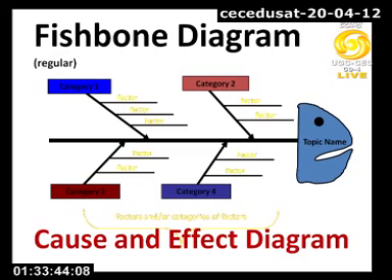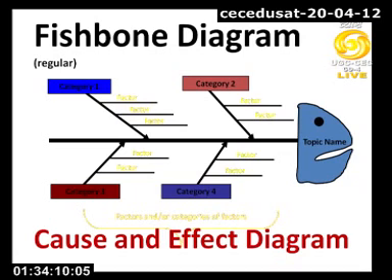Then we write minor bones. So, maybe under material, we have different problems. Material is not as per specifications. Material delivery is not on time. We write these on the smaller bones, and this completes the fishbone diagram for a particular problem. Looking at this diagram, we have identified what exactly is causing the main problem.